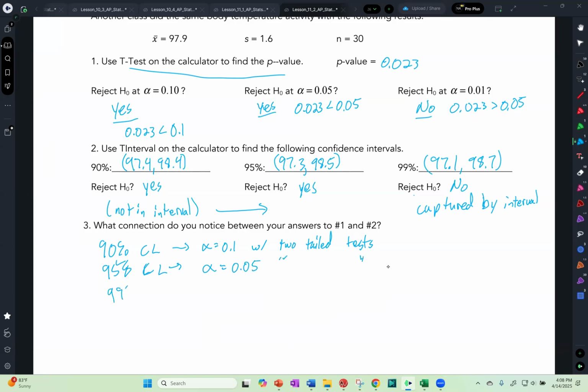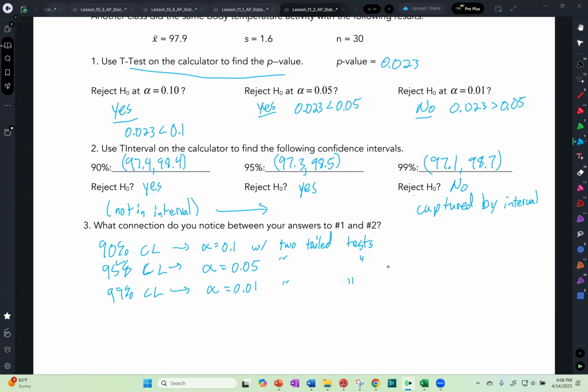And 99% confidence level is associated with an alpha of 0.01 with a two-tailed test. But again, the idea I want to emphasize is if we're capturing that value or not. If that value is not captured by the interval, we reject the null hypothesis.